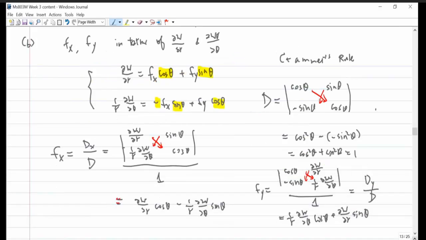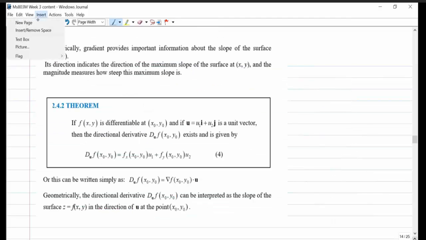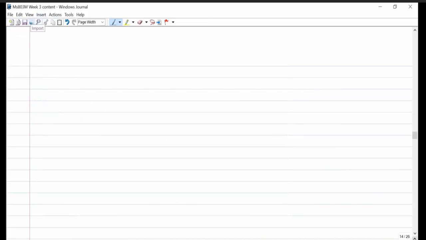Next, I want to find 15c. All right, 15c. So I insert again 15c.